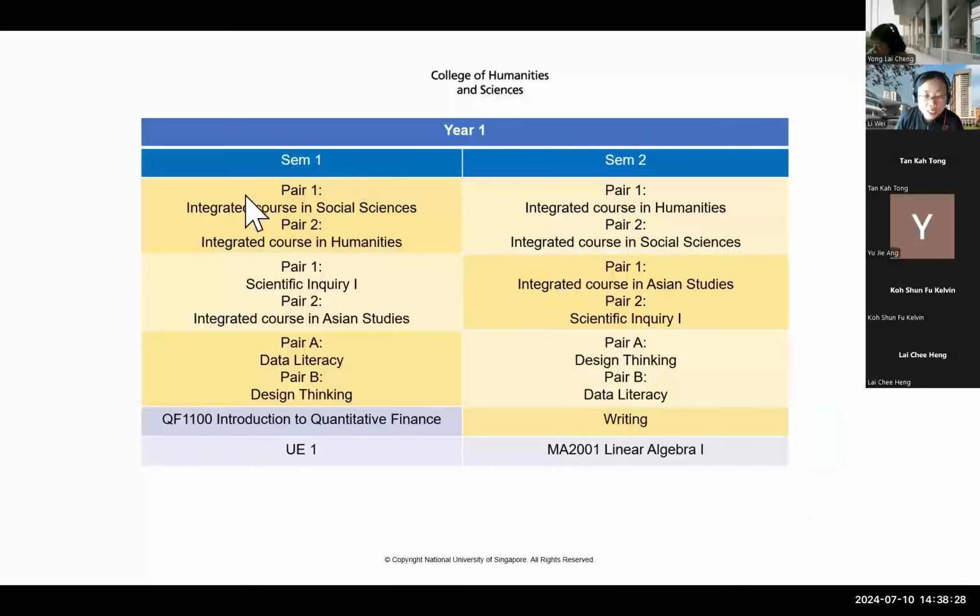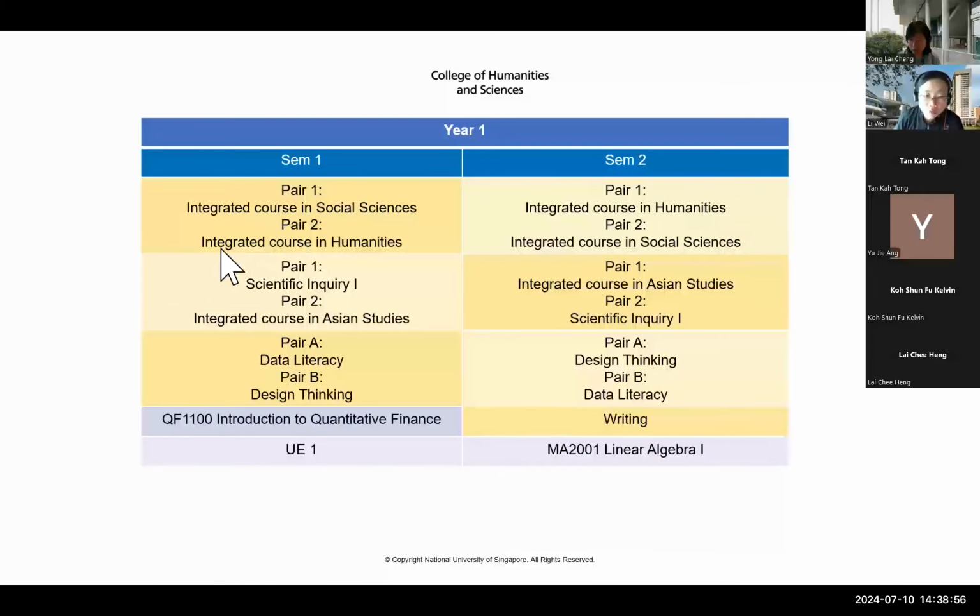And then you will see that the pair 1, pair 2, what are they? Okay, they are the core modules of CHS. So some of the core modules are appearing in pairs. For example, this is pair 1, pair 2. So in semester 1, for example, you read the integrated course in social sciences. And then in semester 2, it must be the other one, that is the integrated course in humanities.